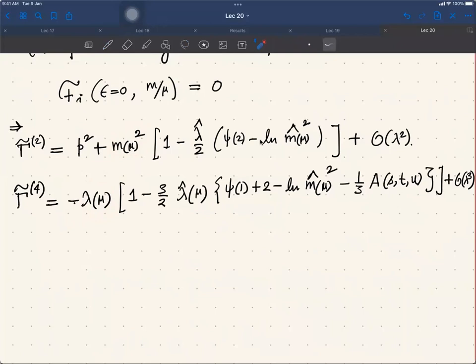So you have a direct interpretation of the renormalized coupling in terms of the quantum effective potential.